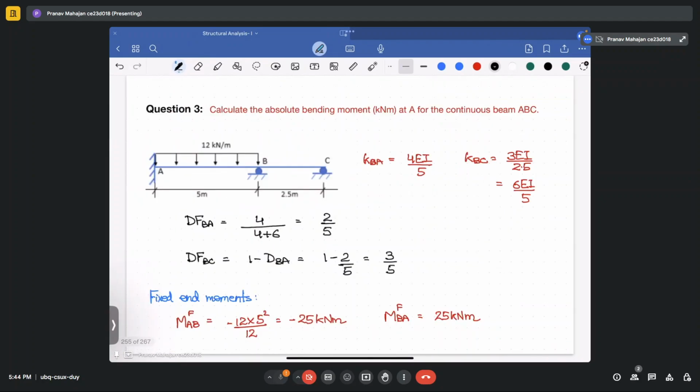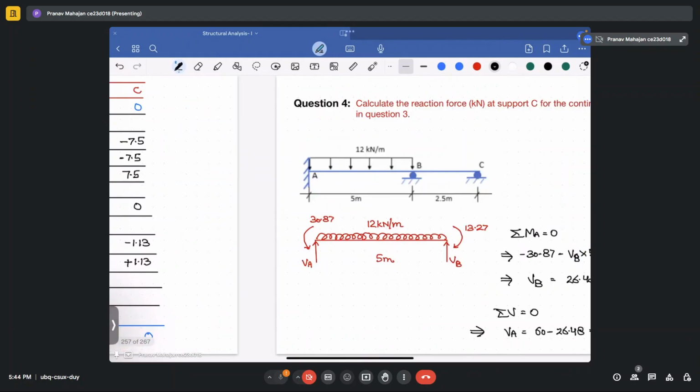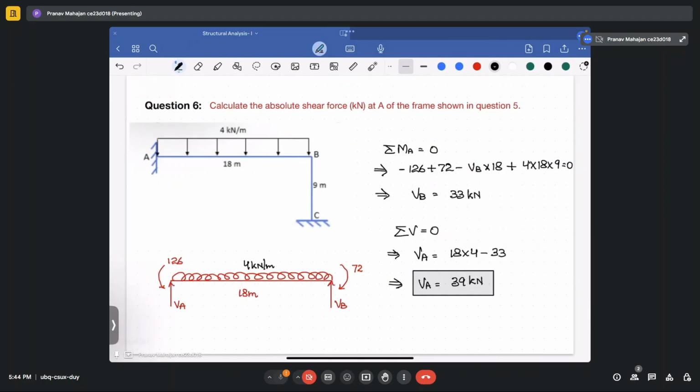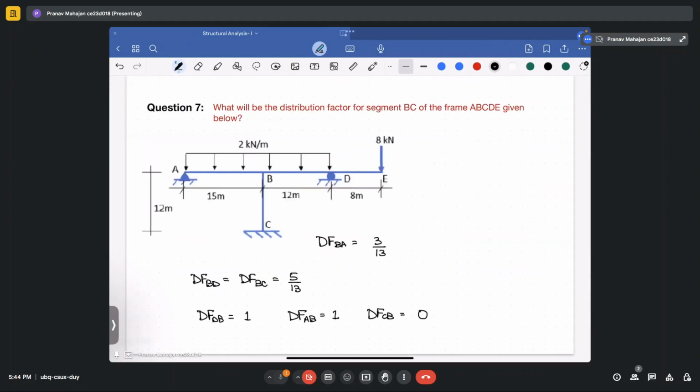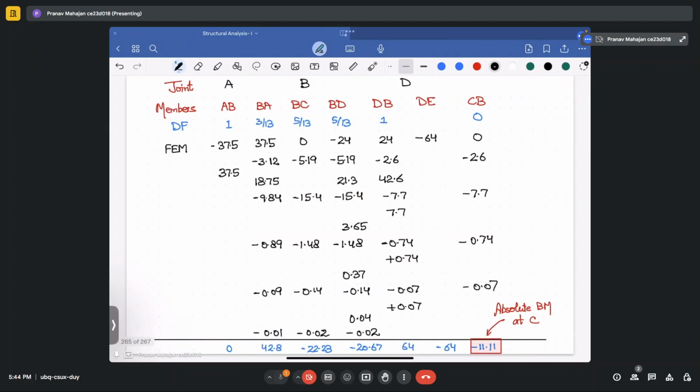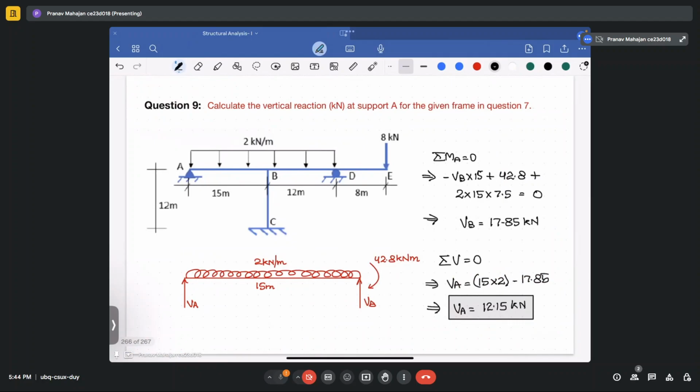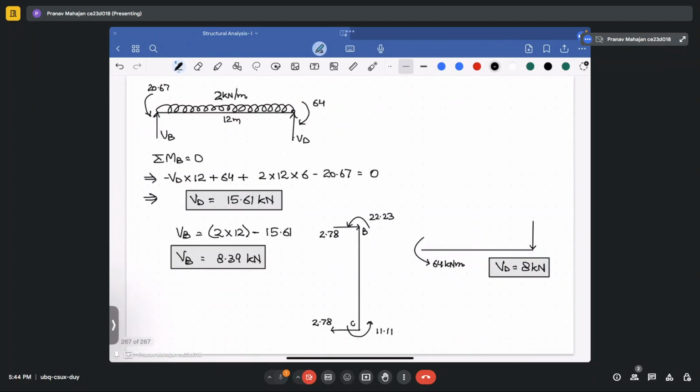So this problem we have done for the continuous beam, and then we have solved one problem related to a frame, and then we have combined the frame problem with the cantilever portion and tried to determine the end moments that are there in the structure based upon the distribution factor available with us, and then finally we have calculated the reaction forces that are there at the particular joint. So by this, our 11th week is concluded.